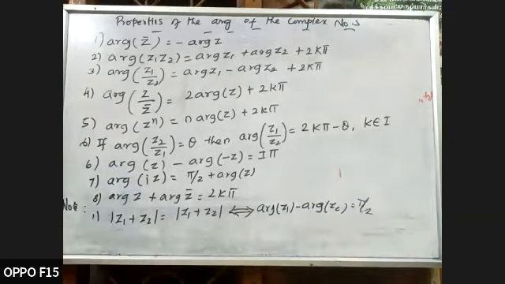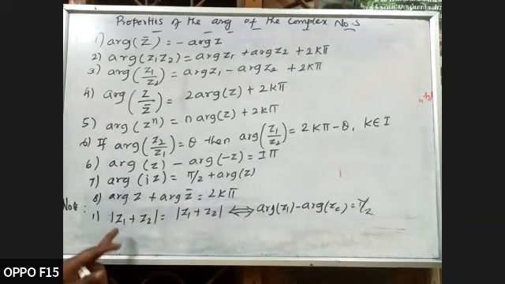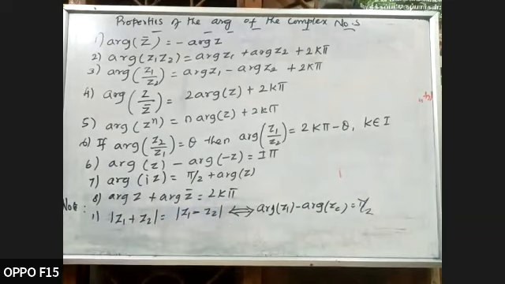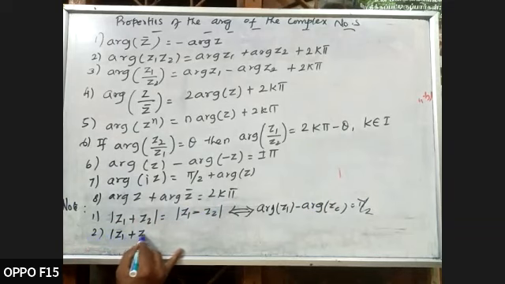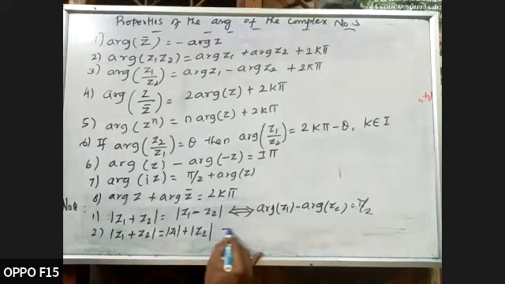Or if the condition is given that argument of z1 minus argument of z2 equals pi by 2, then modulus of z1 plus z2 equals modulus of z1 minus z2.